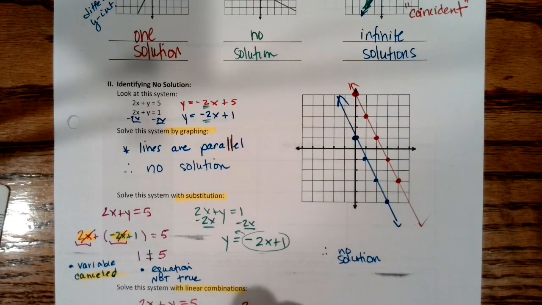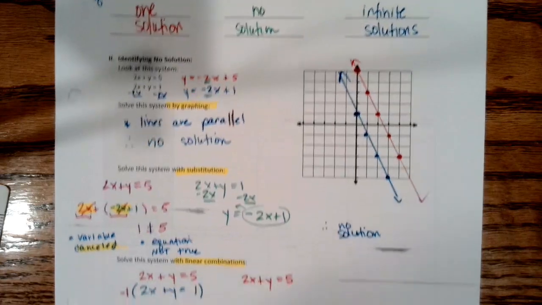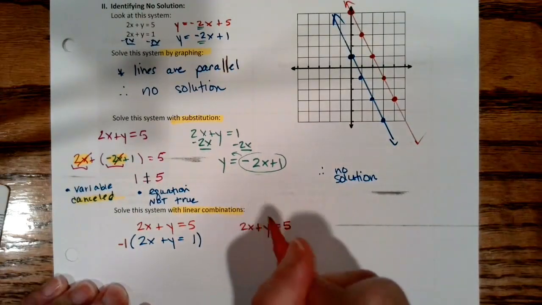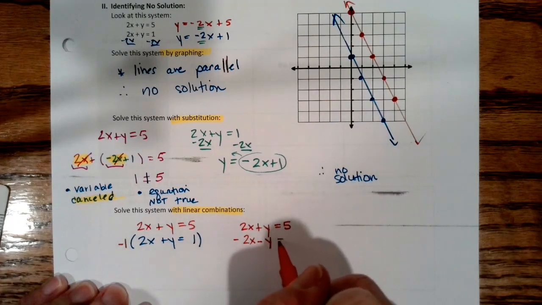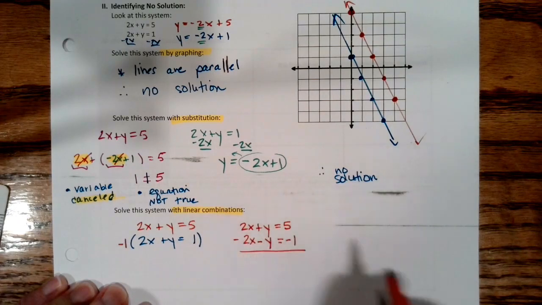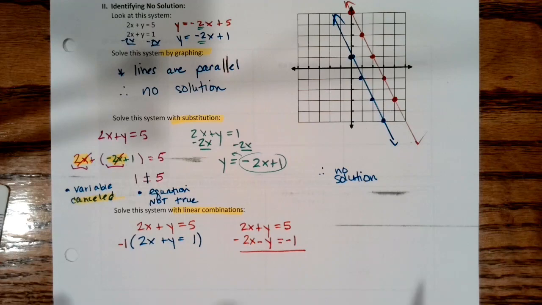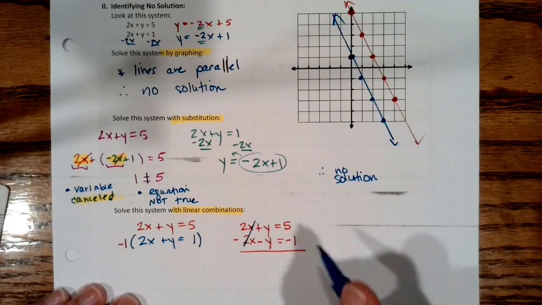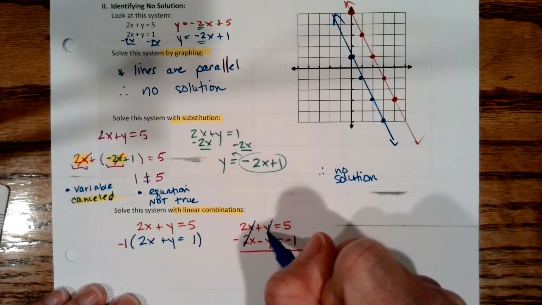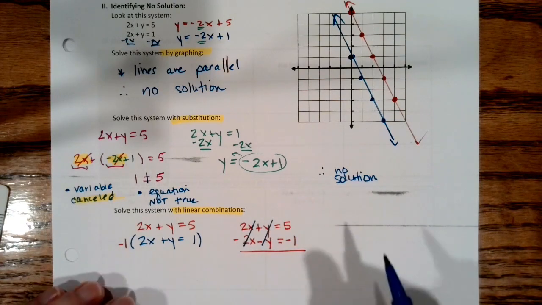So when I rewrite my system, 2x plus y is equal to 5, and I have negative 2x minus y is equal to negative 1. Check it out. I have a 0 pair for my x's. Uh-oh. I also have a 0 pair for my y's.